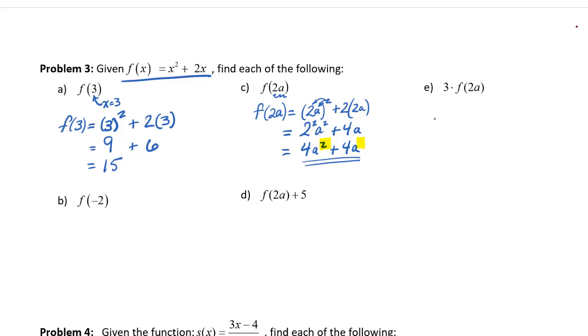Now for example E, we have 3 times the function f of 2a. Well, we already know what f of 2a is, so we can just write it as 3 times what we got in part C. So I'm just going to replace f of 2a with that expression I have here, 4a squared plus 4a.